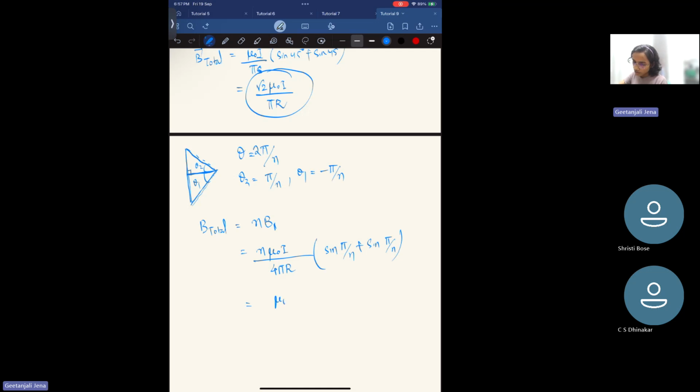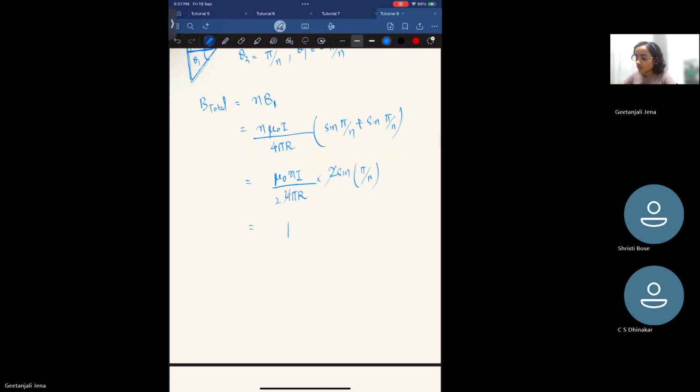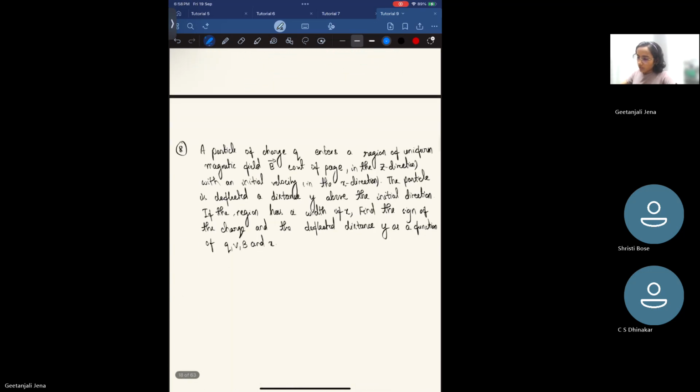So this is mu naught n I by 4 pi R times 2 sine pi by n. This is the total magnetic field.